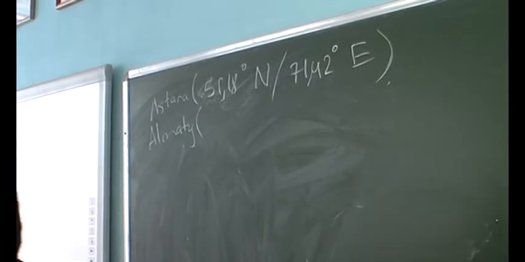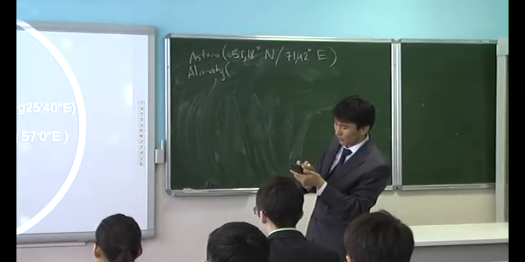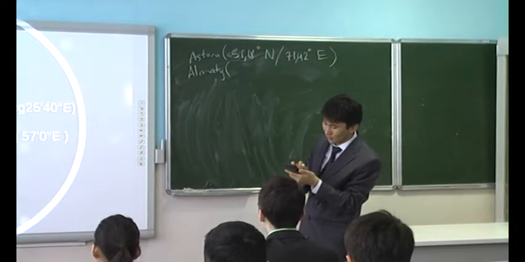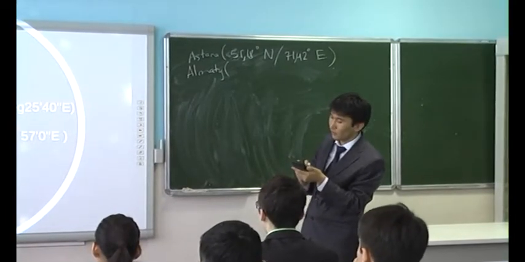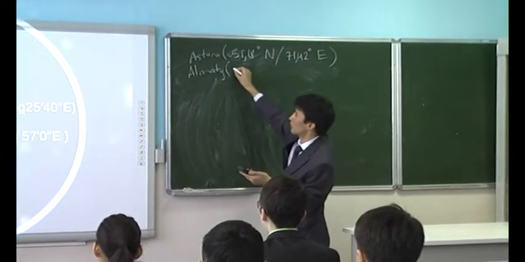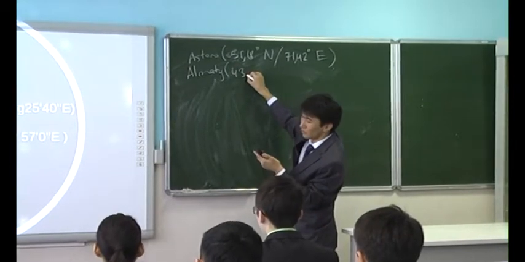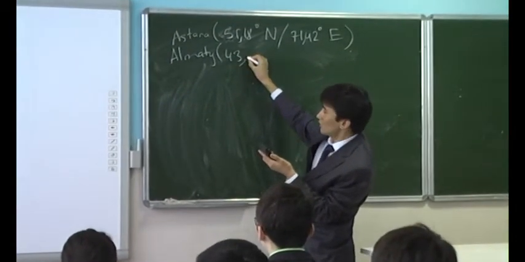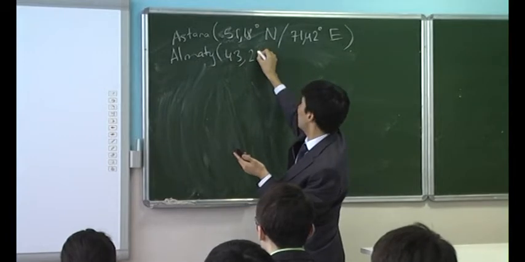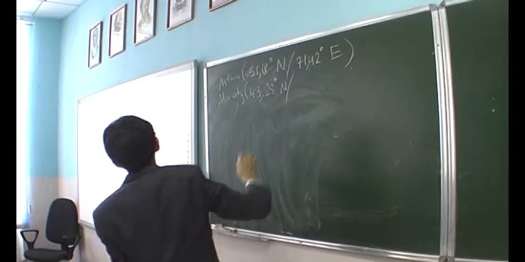Almaty now has 15, it's in minutes, yeah? We divide it by 60 to find it in degrees, and plus 43. That's 43.25 degrees to the north, yeah?